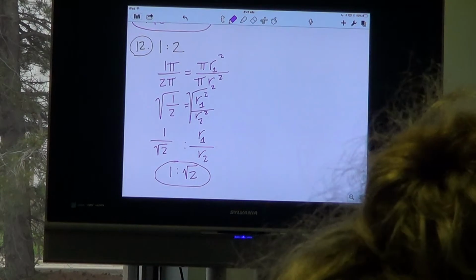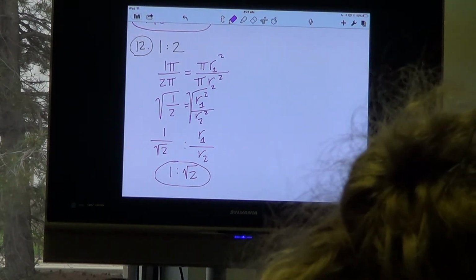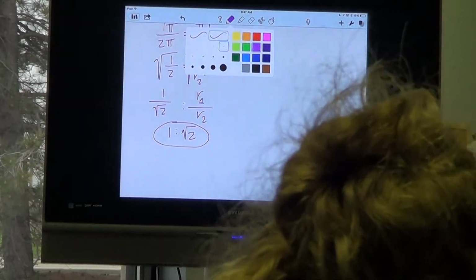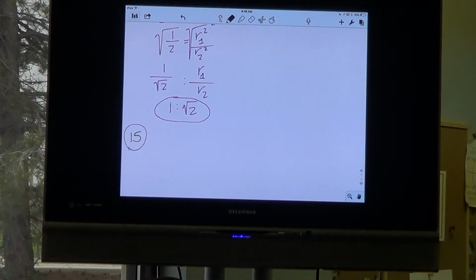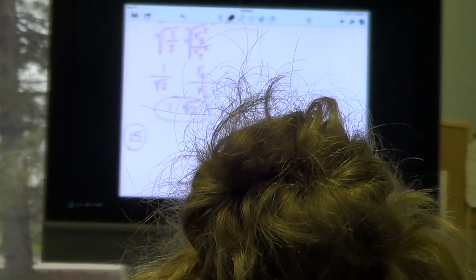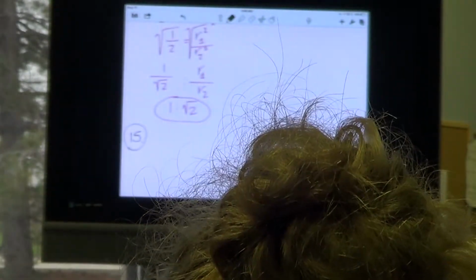Okay, and let's do number 15. Okay, find the area of a sector with a 60-degree arc and radius of 3 square root 2.